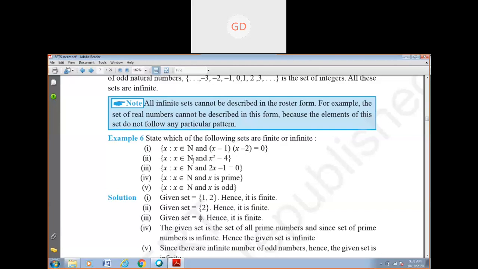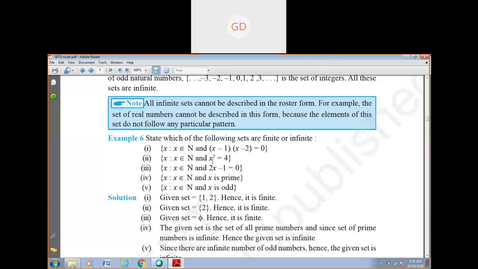Similarly, number 2: x belongs to N, that is x is natural, and x square is equal to 4. So x square equal to 4, what will be the values of x? The values of x will be minus 2 and plus 2.